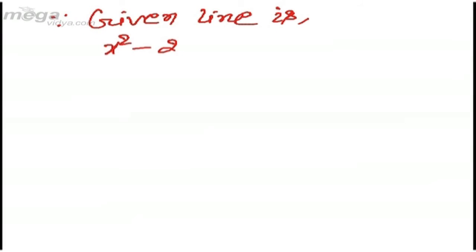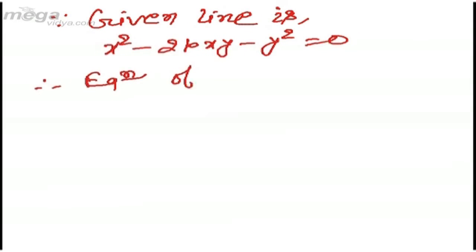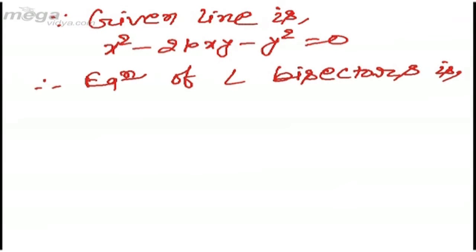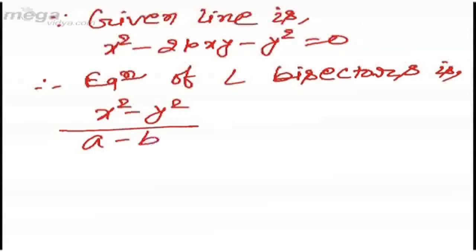Here the given pair of lines is x square minus 2pxy minus y square equal to 0. So the equation of angle bisectors, using the formula, will be x square minus y square upon a minus b is equal to xy upon h.